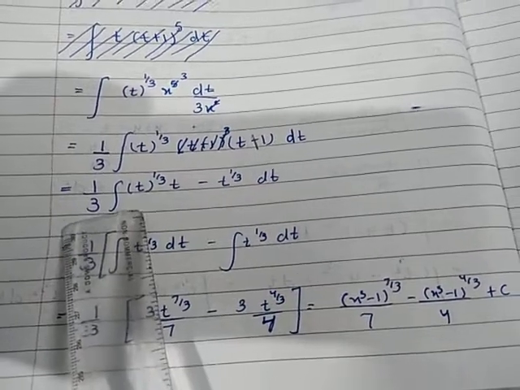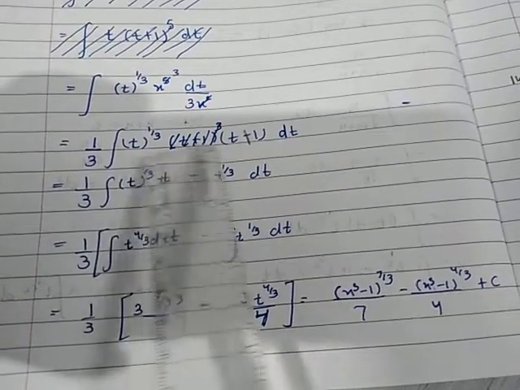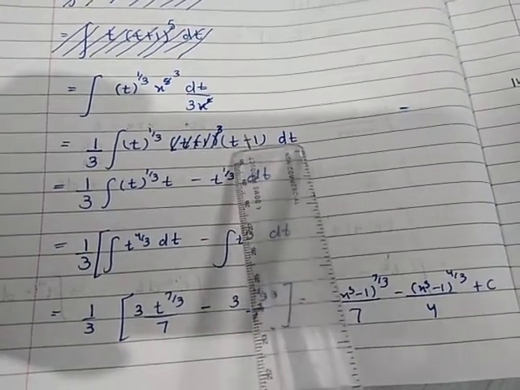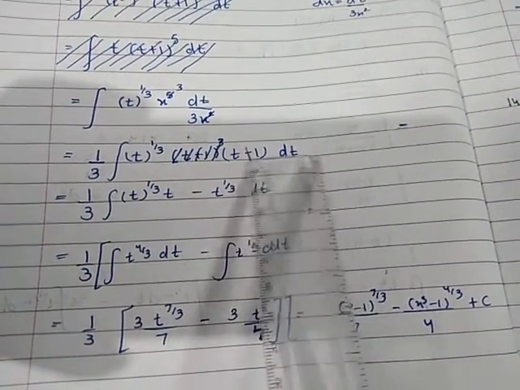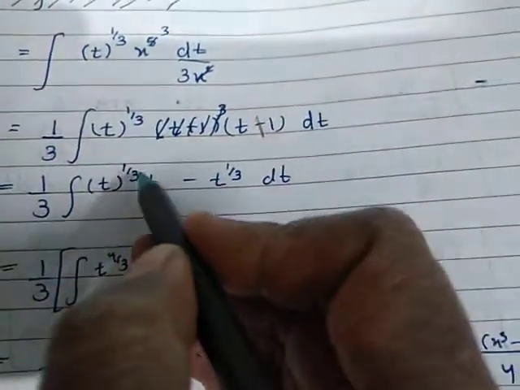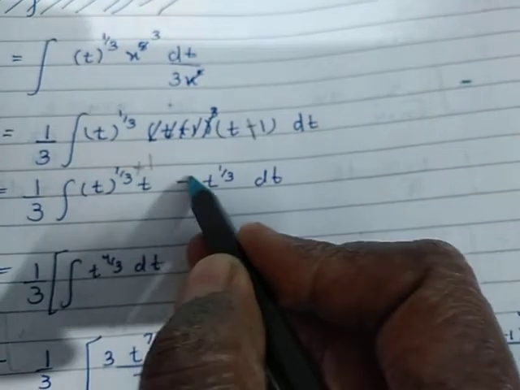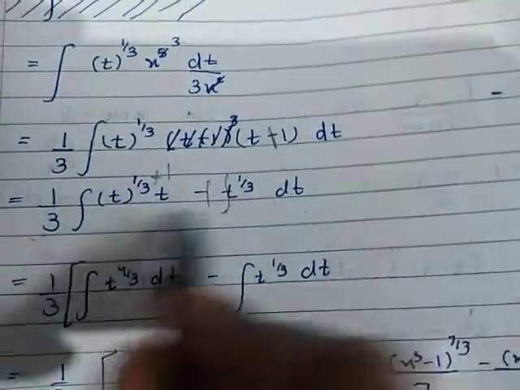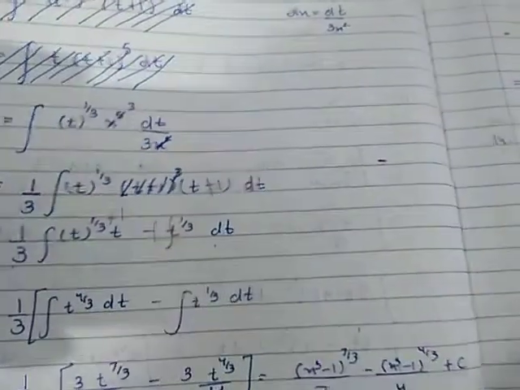Then after, 1 by 3 integration of t to the power 1 by 3 into t plus t to the power 1 by 3. Okay, this term is 1 by 3 plus 1 plus integration of t to the power 1 by 3 dt, and this you can do by yourself.